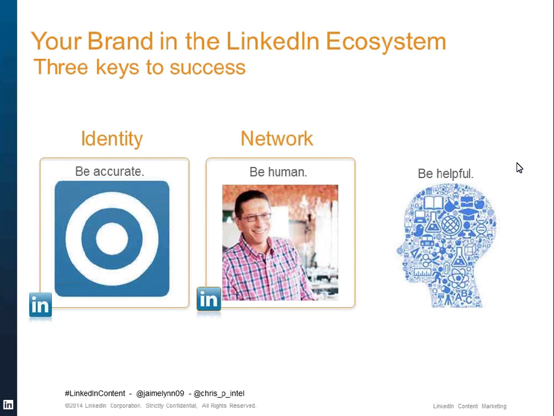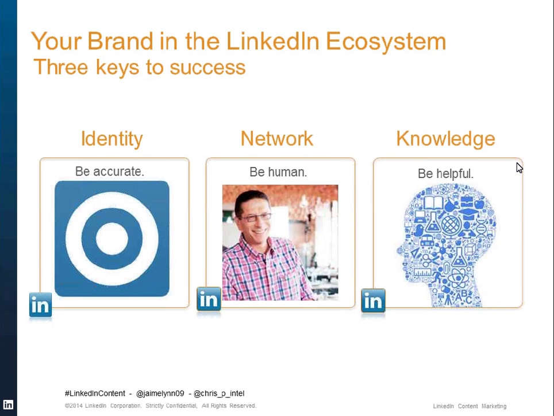So many marketers for so many years have been coming at their messages from a brand or a corporate or a company level perspective. But in social media, it's really all about the one-to-one. It's about knowing that you're speaking to a human being and using human being language. And I'll give some examples of that in a minute as well.